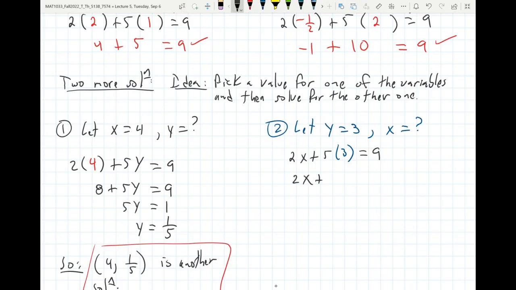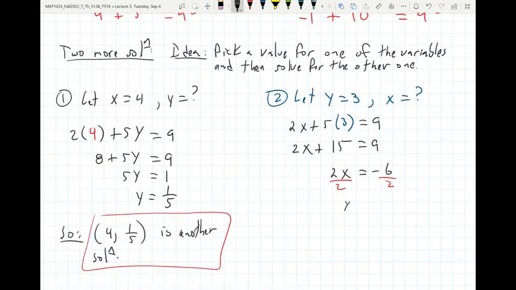So let's see. We get 2x plus 15 is equal to 9. Move the 15 to the other side. So we get 9 minus 15. That is -6, right? And then divide by 2. So we have x is equal to -3. Good. So what's the other solution that we found? -3, 3.